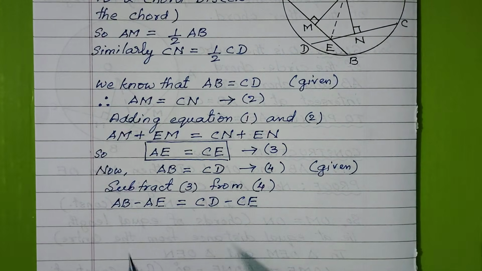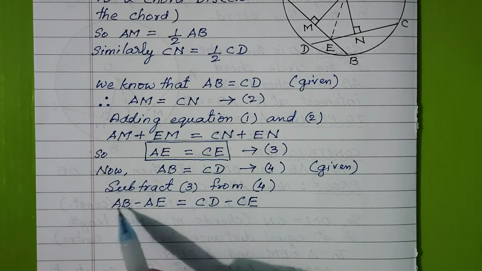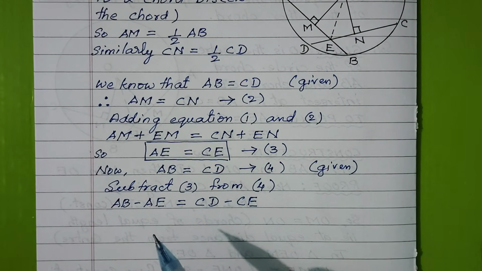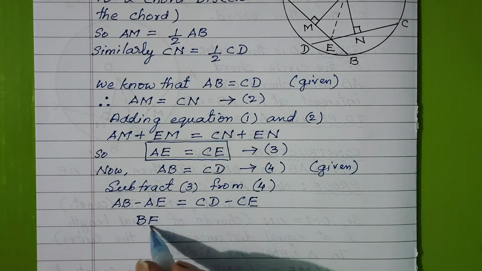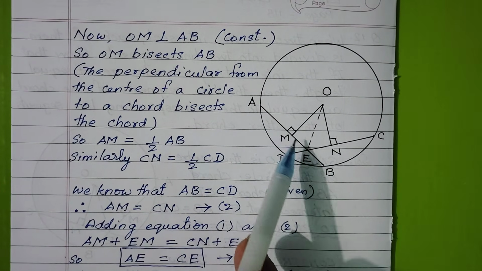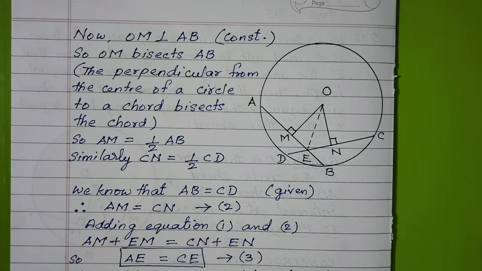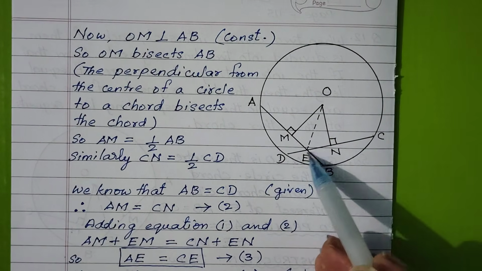So from the drawing, AB minus AE is BE. You can see here, AB minus AE is BE. In the same way, CD minus CE is DE.